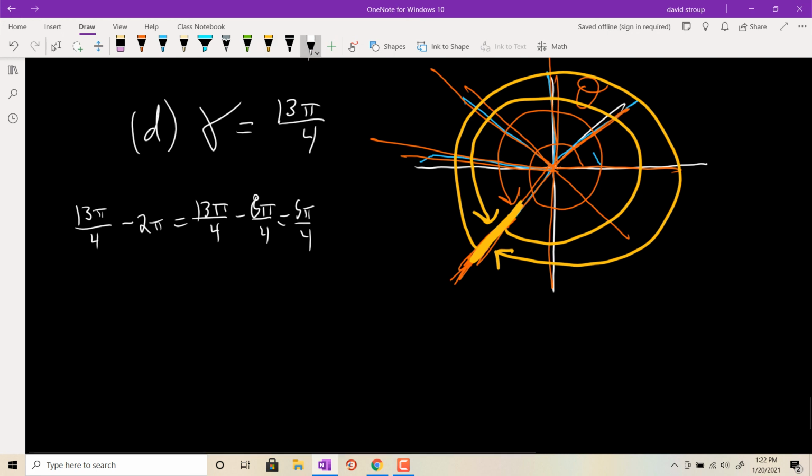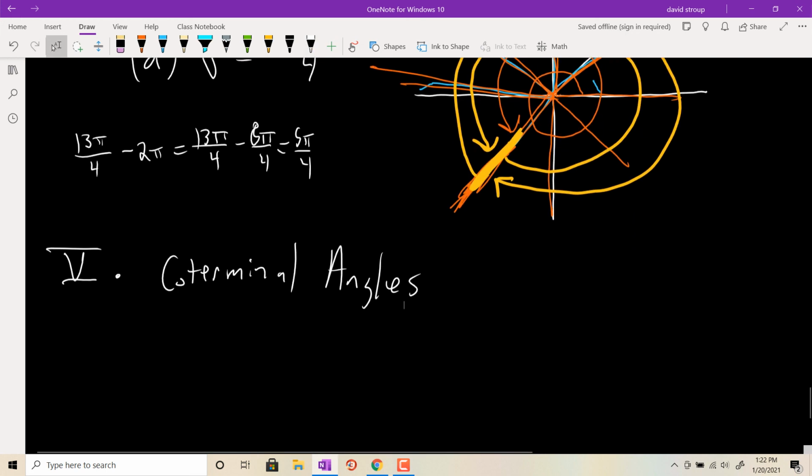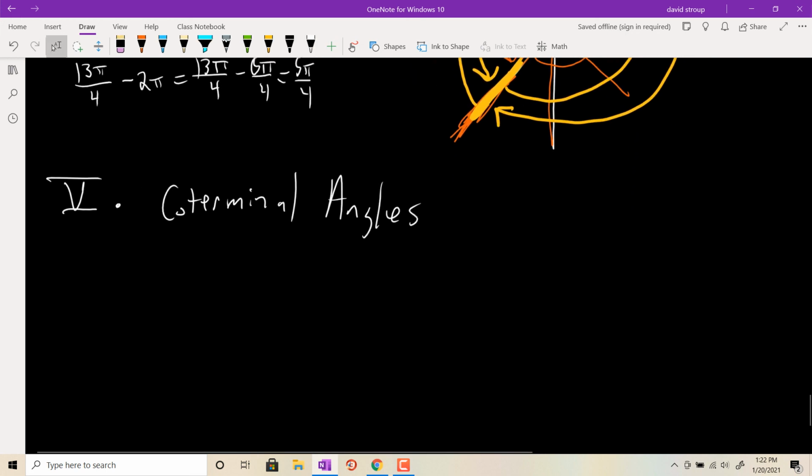Okay, so let's make that official and talk about coterminal angles. So if you have an angle theta, to find a coterminal angle, you can always add, plus, or subtract away, minus, multiples of 2 pi.